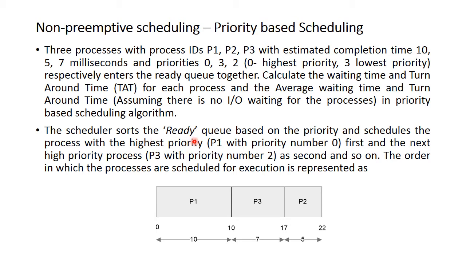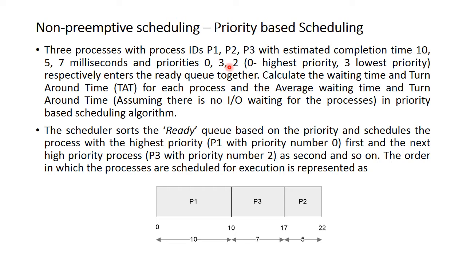So we know that P1 has 0 priority, the highest priority, 3 is the lowest priority, and 2 is intermediate between 0 and 3.